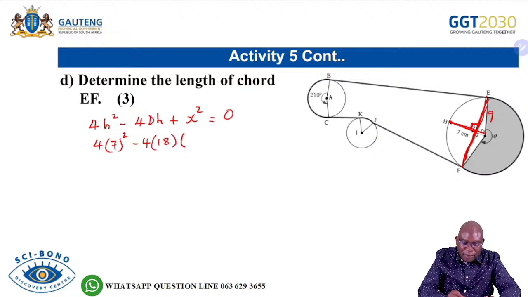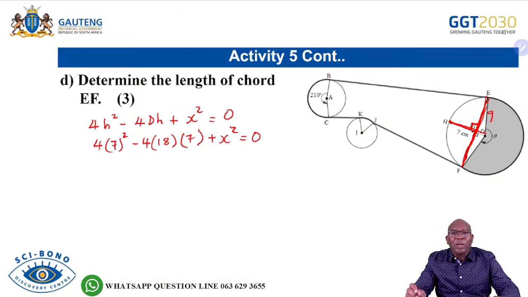I love it. My h is 7 because I know that's my height. Then what I don't have is my length of the chord. You see? For the use of this formula, we have already calculated h, so you know how to calculate h. Now we need to calculate the x.